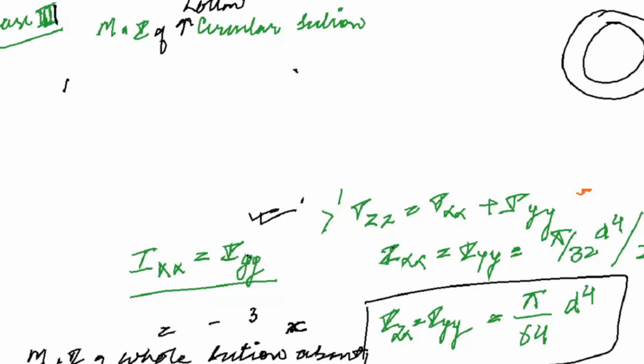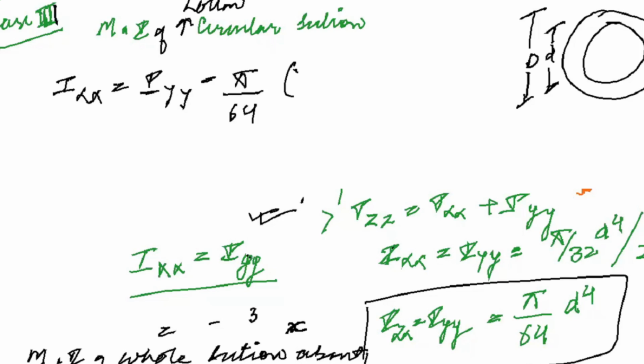We will be having only two different diameters. Let's say we have a capital D, the outer diameter, and a small d, the internal diameter. Then if we have to calculate the moment of inertia about the x-axis, Ixx, or about the y-axis, Iyy, that will simply be equal to pi by 64 multiplied by outer dia raised to the power of 4 minus internal dia raised to the power of 4.